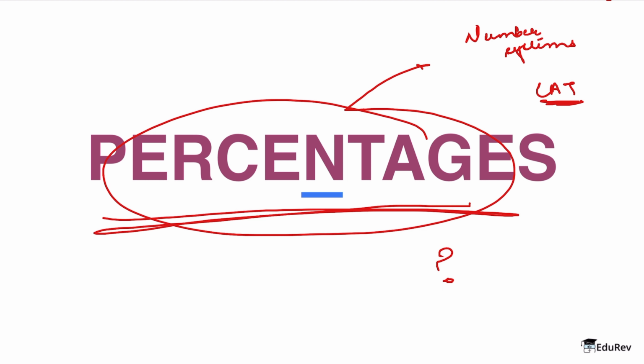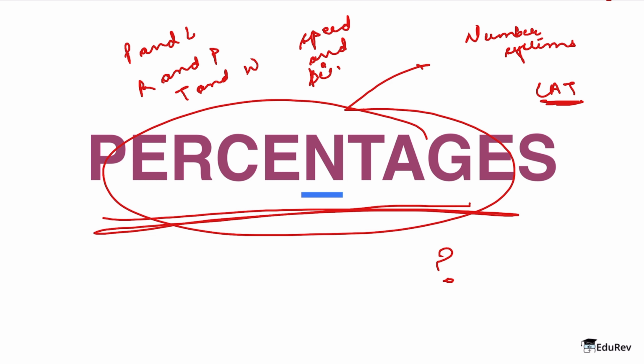For example, profit and loss, then ratio and proportion, then time and work, also speed and distance. So it's very important in these chapters.